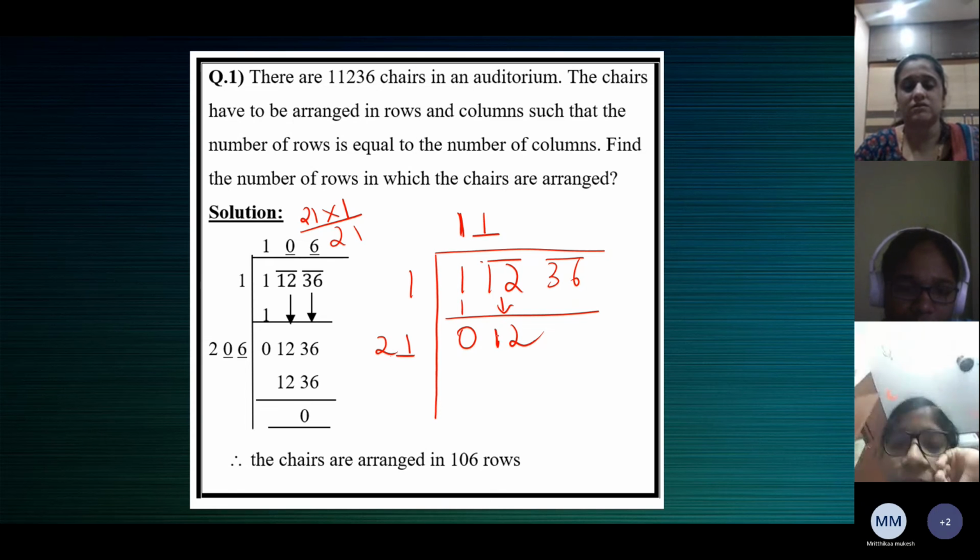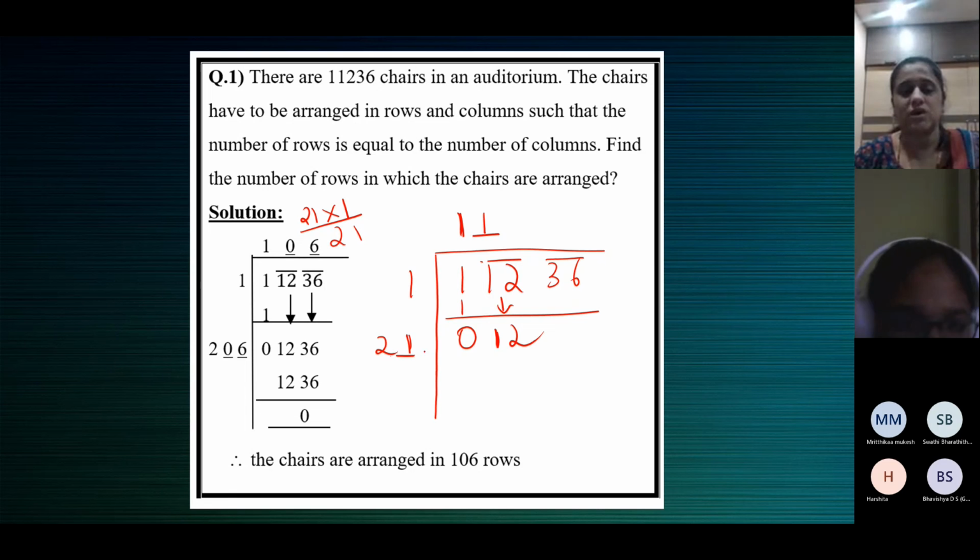But what is the number here? 12. It's less than 21, right? So we can't add 1. 1 is the smallest digit, and that itself is too much. 21 into 1 is 21, and it's greater than 12.